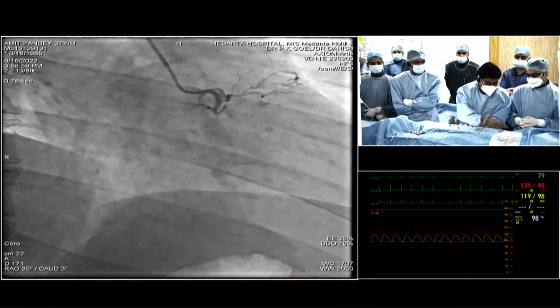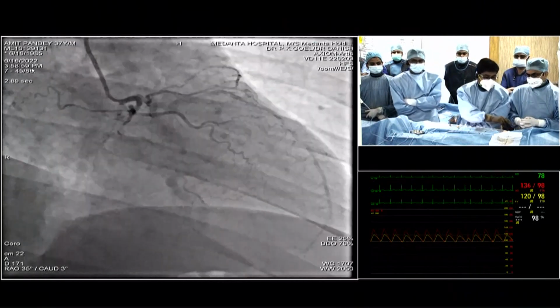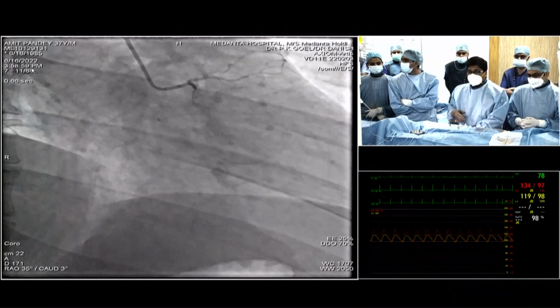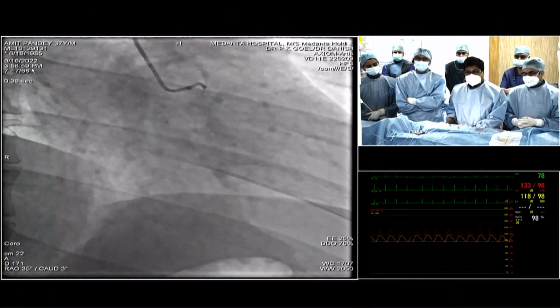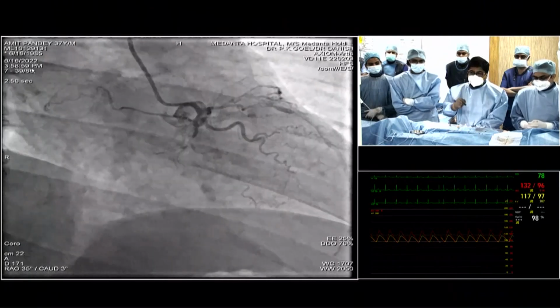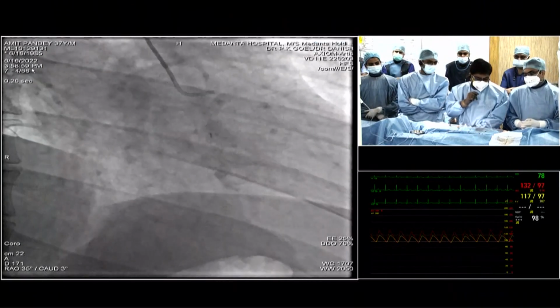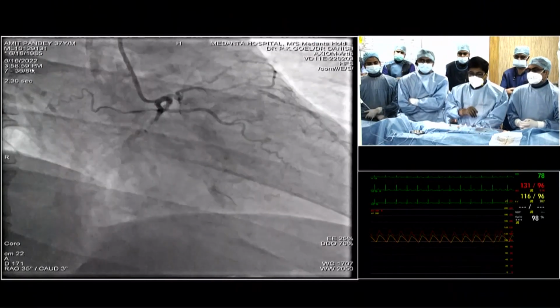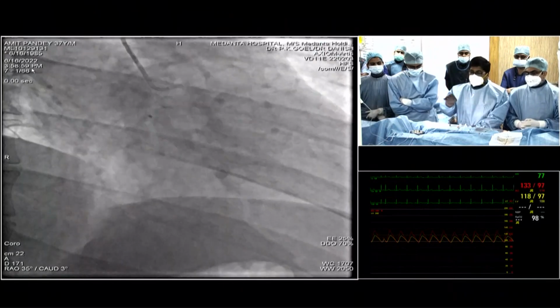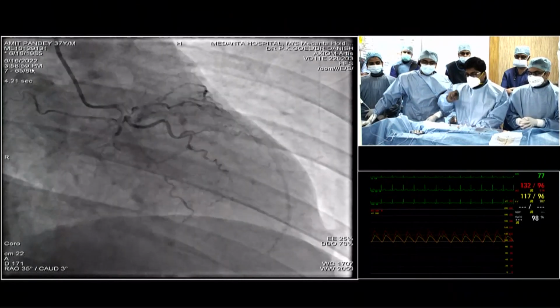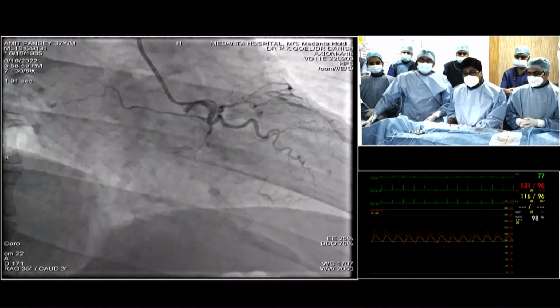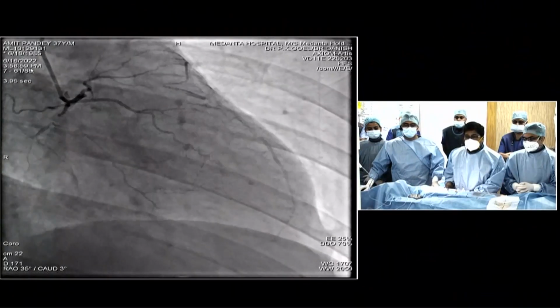I have two accesses. The hand radial, I usually do the main vessel through the radial. So radial has a glide sheath and the CTO has a 7 French guide. And through the groin, right now we have a 6 French system because we are only contemplating the right side as of now, a diagnostic catheter.